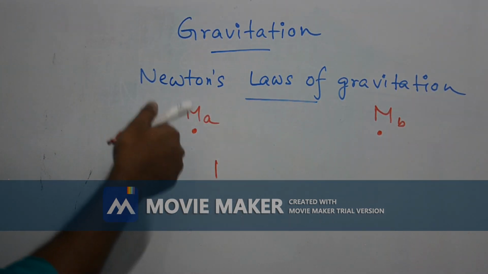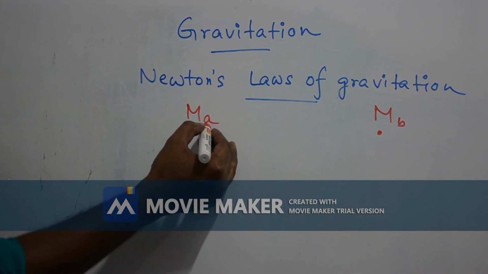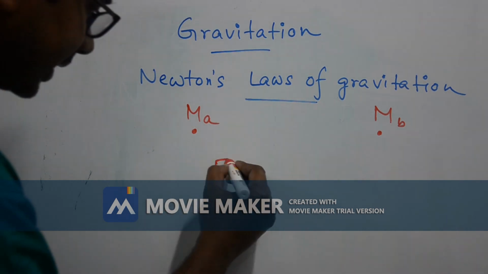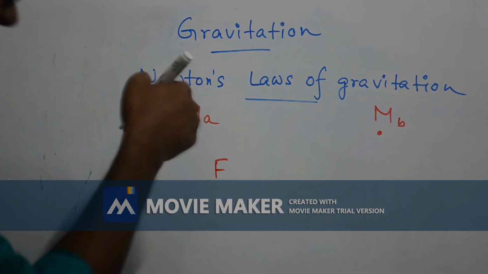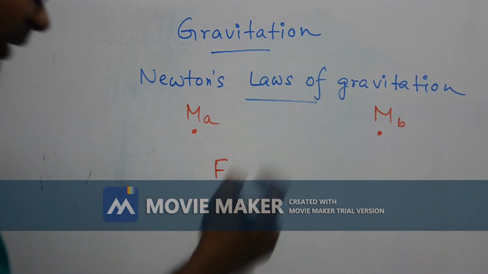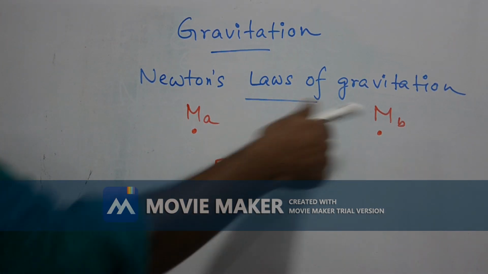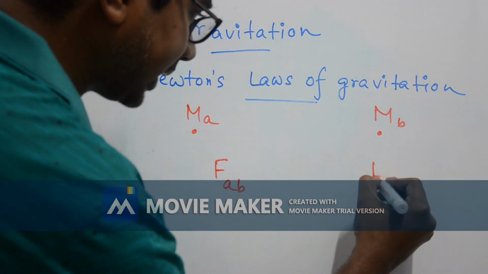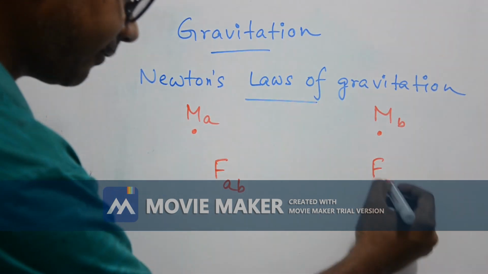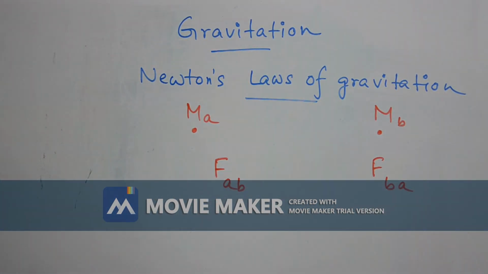The force acting on the first particle, the one with mass Ma, due to B, I am writing as Fab. And the force affecting the mass Mb, due to A, is Fba.